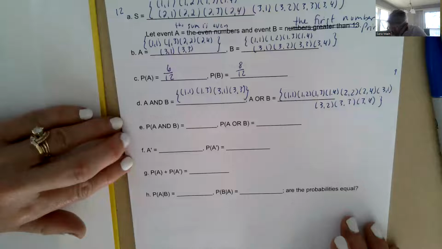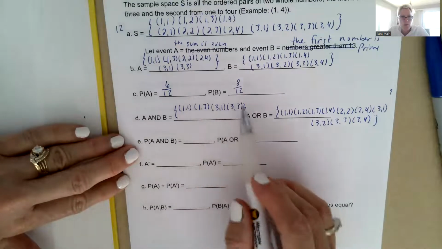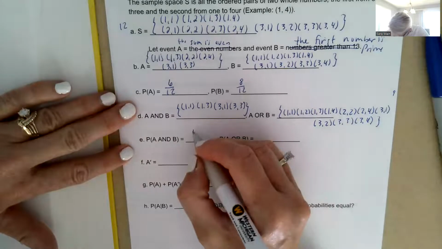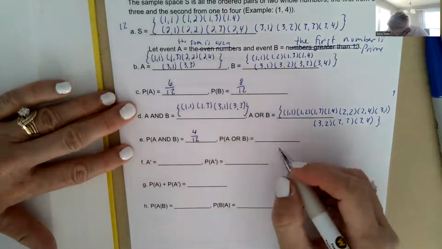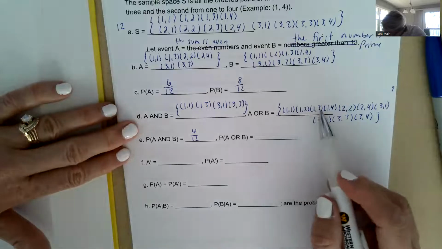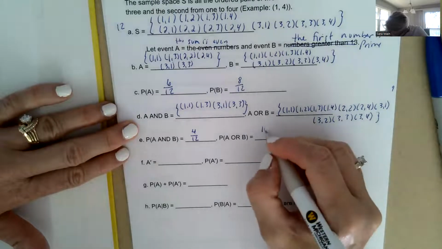Okay. What is the probability of A and B then? So there were 4 outcomes that were in both, 1, 2, 3, 4 out of the 12. The probability of A or B would be 1, 2, 3, 4, 5, 6, 7, 8, 9, 10. 10 out of the 12.